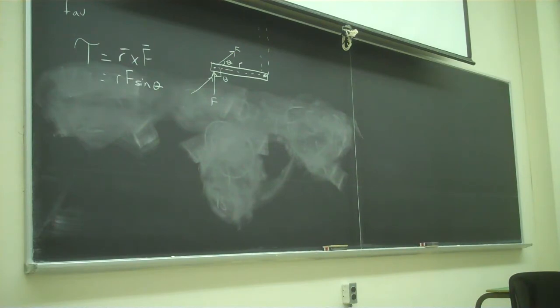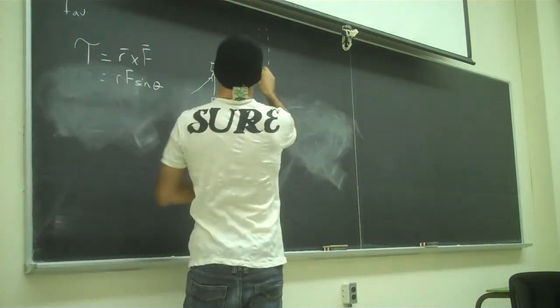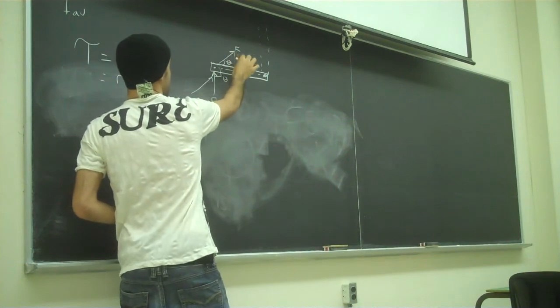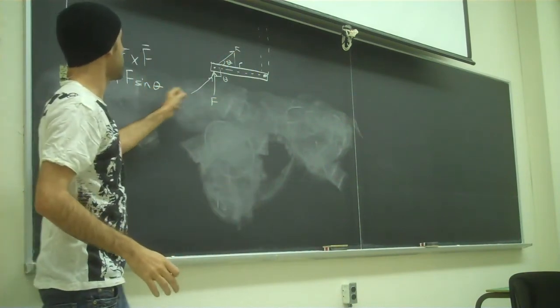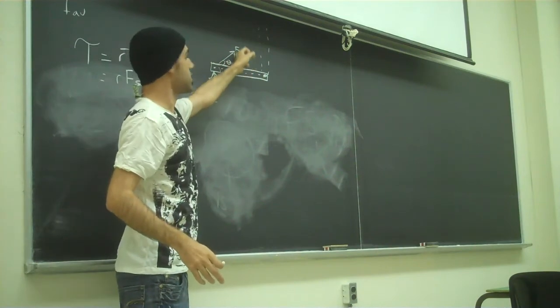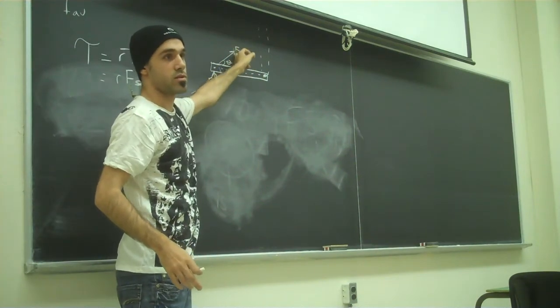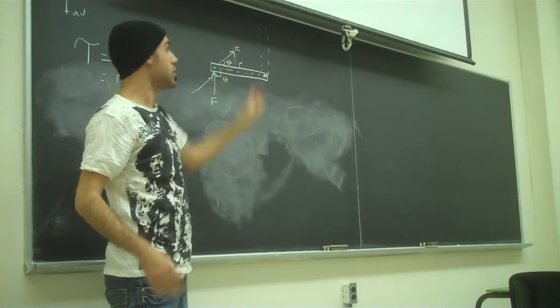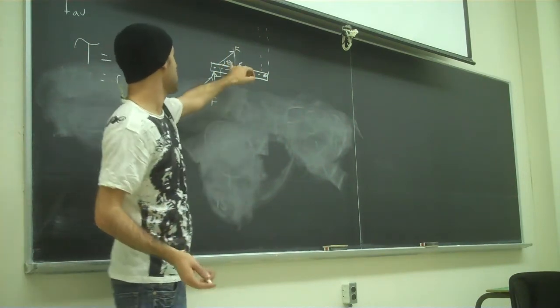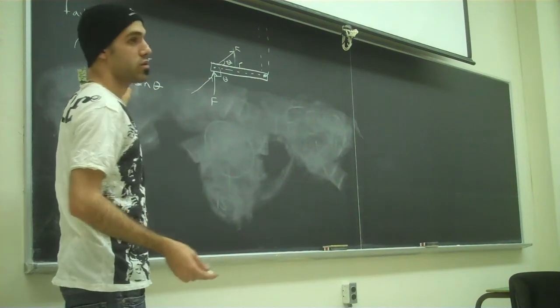You have to push perpendicular to the axis of rotation so that the door can move. So essentially, the sine of that angle will give you this side here of the force, which is the component that actually will rotate the door. So in this case, whatever the angle is, you plug it in here, that will give you your torque.